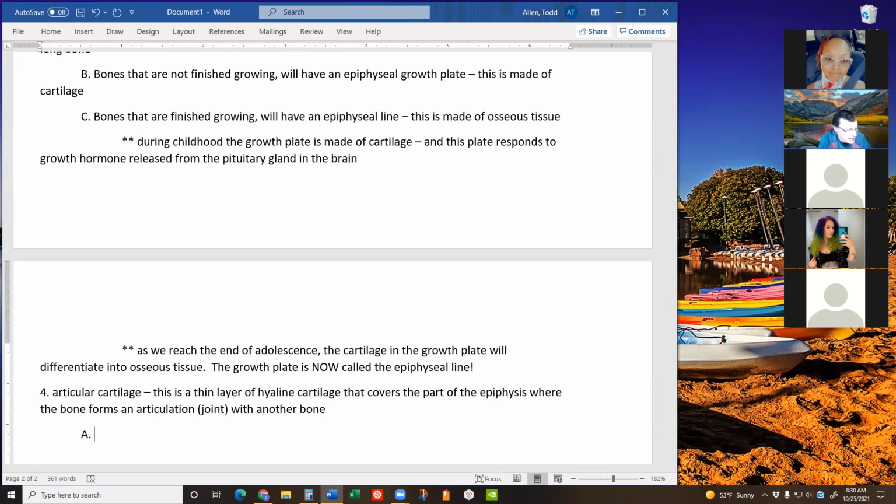So if you have the ability in your textbook, please go back to table 4.6. Look at table 4.6. Okay. Locate table 4.6. Okay. And there you're going to see hyaline cartilage. Okay. So what I want to draw your attention to is the following.